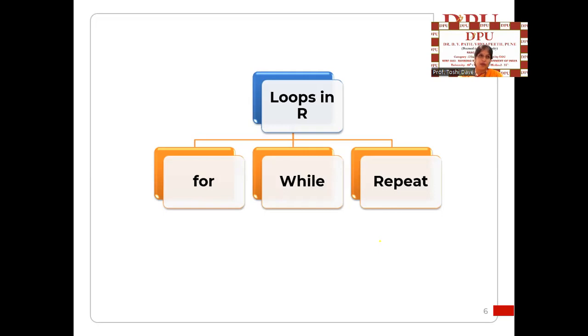Likewise, to stop the rotation of the fan, you have to switch it off. This is the condition. If you switch off, the fan will stop rotating. So this is what you have to mention even in loops. Clear? In R, we have 3 loops: for, while, and repeat.